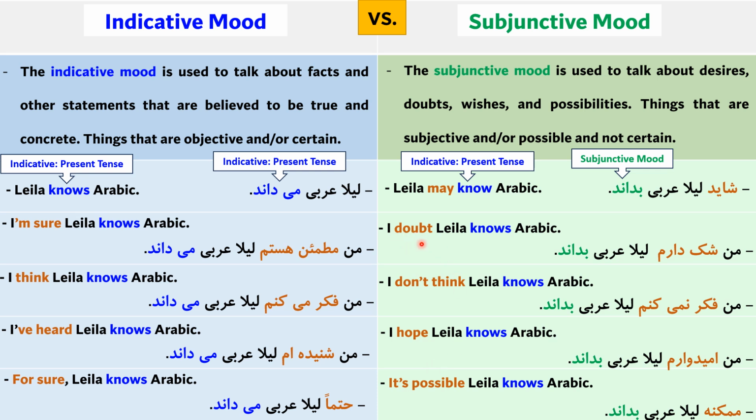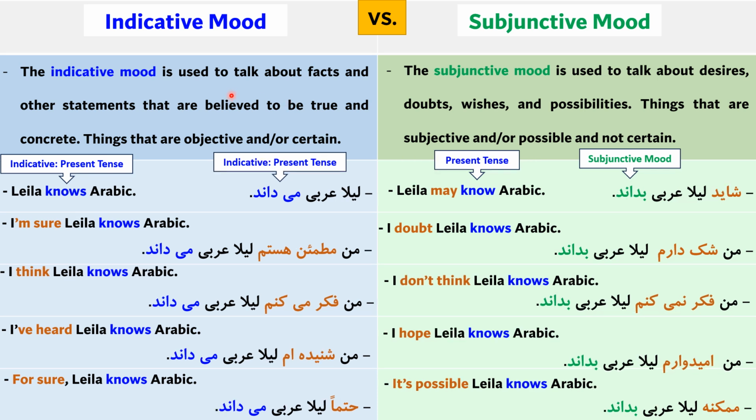So I doubt, I don't think, I hope, it's possible. You see, all these sentences here are subjective. So that's why all the verbs have changed from indicative mood here now to subjunctive mood. بداند, بداند, بداند, and بداند.